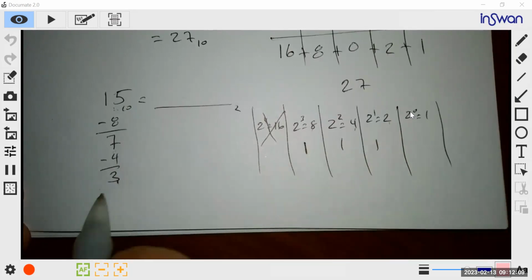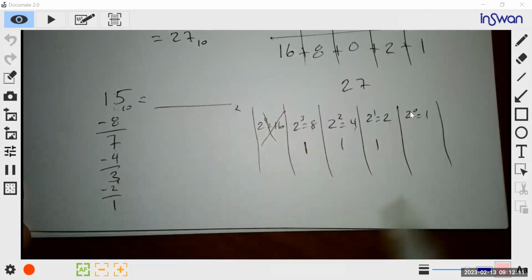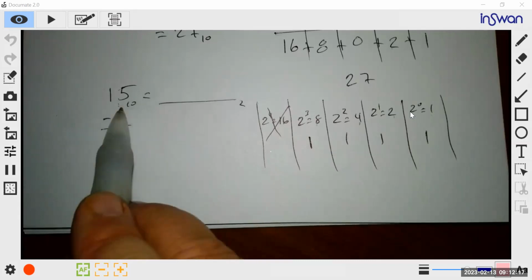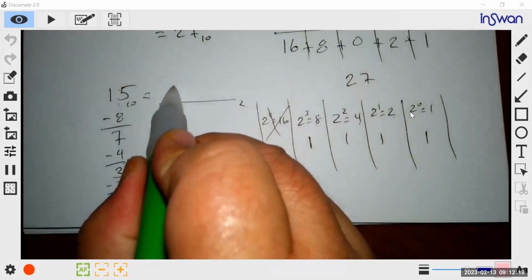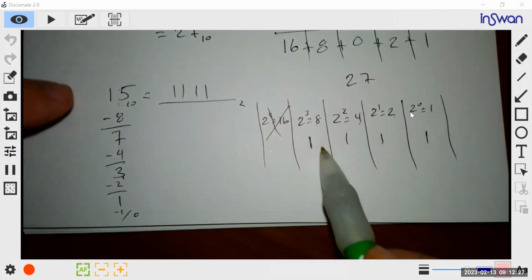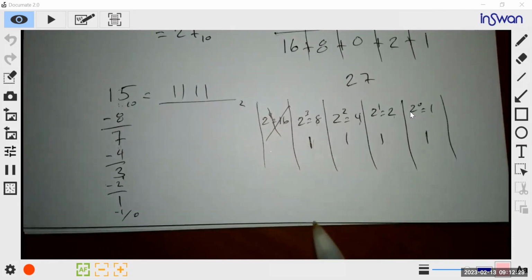Yeah. So I subtract 2. And 1 goes into 1. So 15 is 1111 in binary. So you just pretty much make your columns, and if it fits, put a 1. If it doesn't fit, don't put a 1.